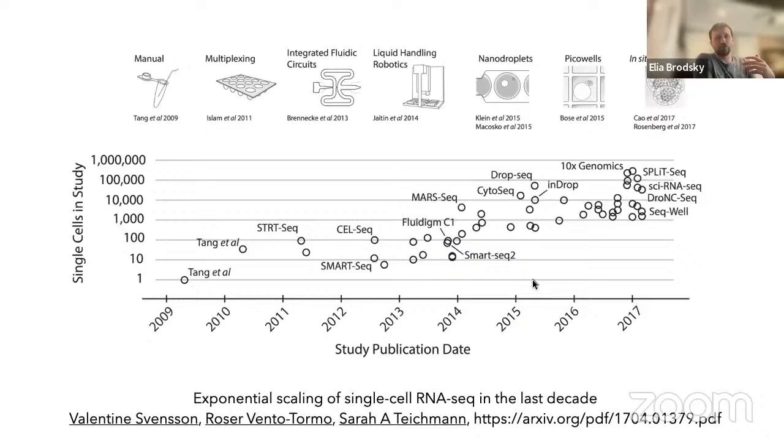And in 2017, when this paper was published, they compiled all of these protocols that went from very manual again to more and more automated. And you can appreciate now that whenever you take a data set that is single cell RNA-seq data, it actually could mean many different things.